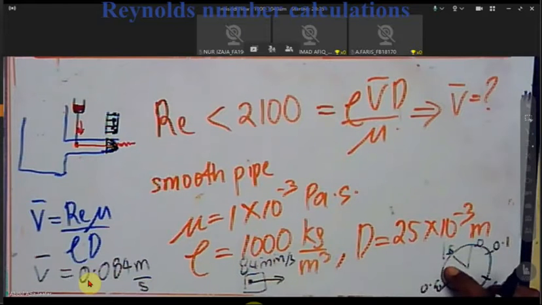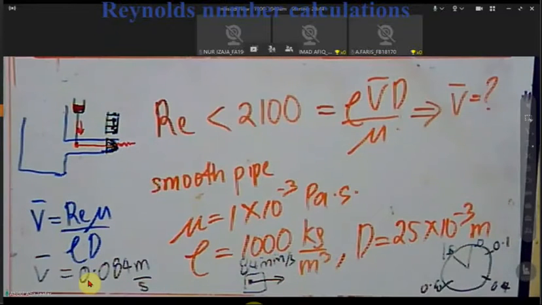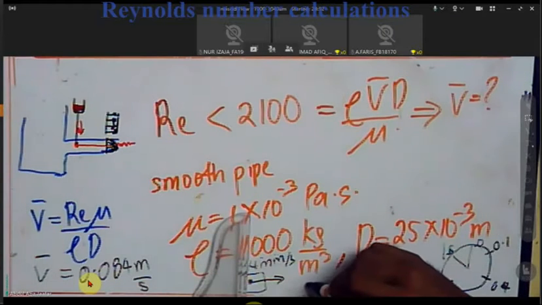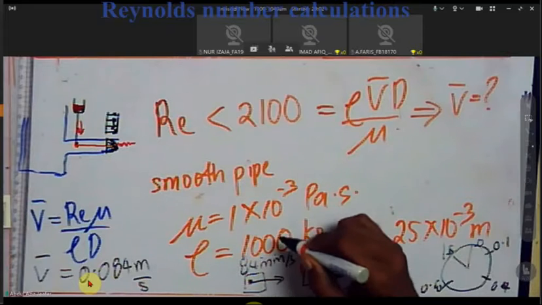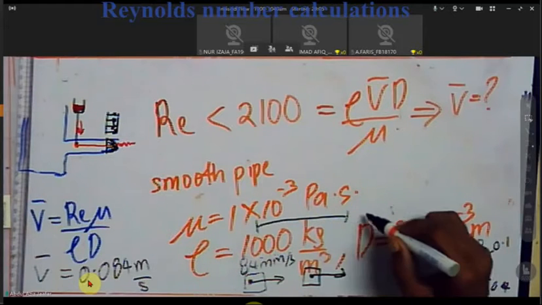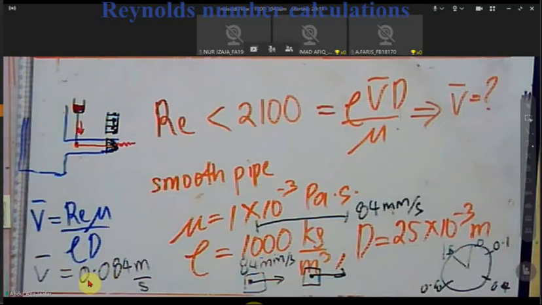When it reaches 1 second, let's say I have a ruler here, where is 84? Up to here. So it takes a length of 84 millimeters in 1 second.